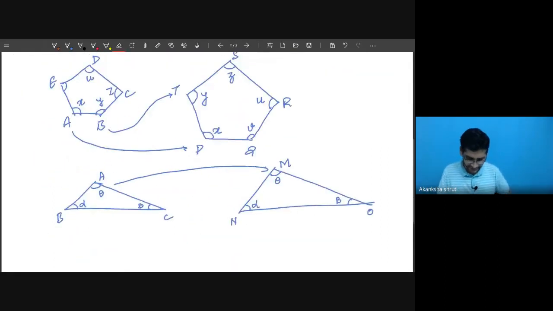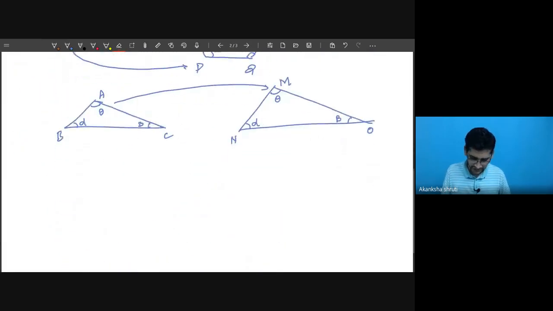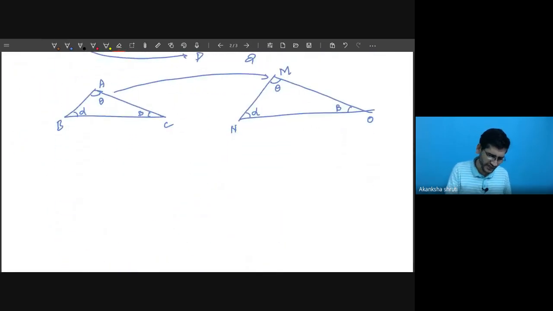Now, students, we have to understand a bit more, or conclude a bit more. Students, it may be possible that one of the triangles is like this. Let me take ABC. Sorry.